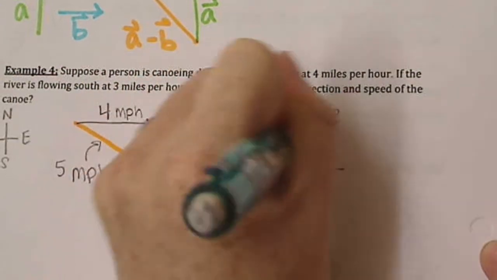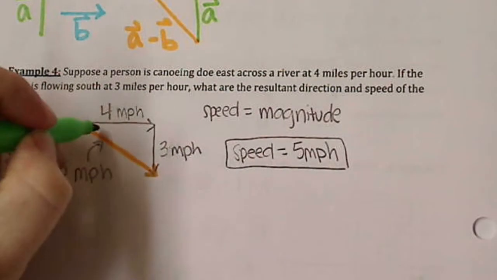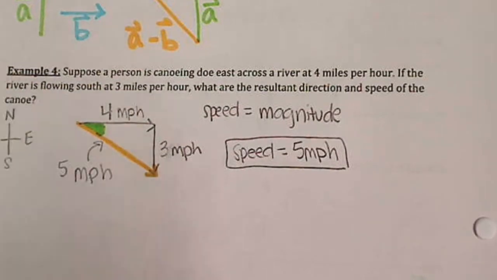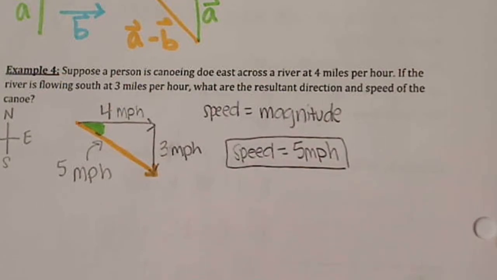How about direction? Well, the direction, I need to find the angle formed with the horizontal. So this angle right here is what I want to find. I can use any one of my trigonometric functions, but usually I use tangents.